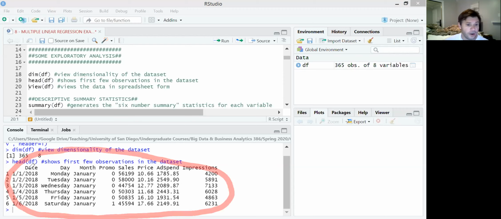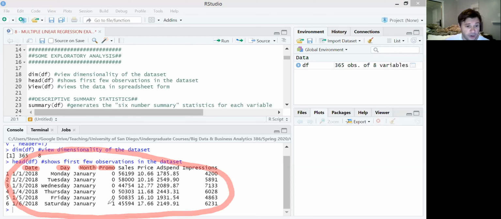So we can see here, we have 8 variables, but 3 of them are pretty much date related variables. We have this other variable promo, which tells us whether or not a website wide promotion was run on a given day. 0 for that day means it was not run, 1 means it was.